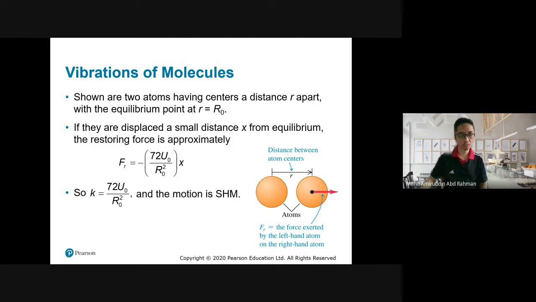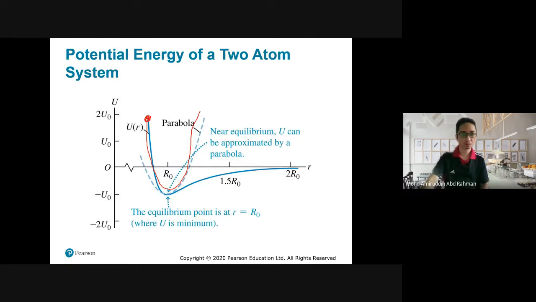Let's say this is just an experiment in physics, so I'm just giving you an example over here. We have two atoms, and we have the distance between these two atoms. So this is actually the potential energy of the two atom system. So we have the equilibrium point.